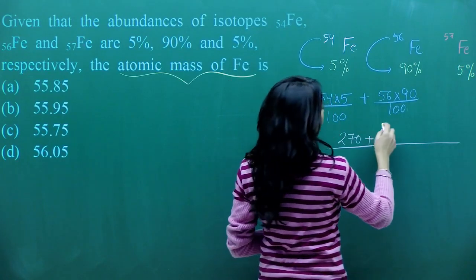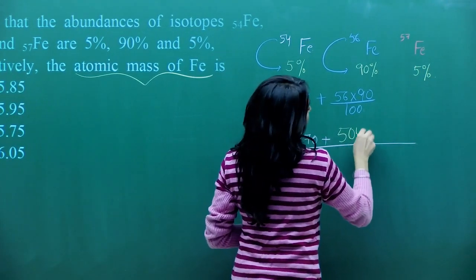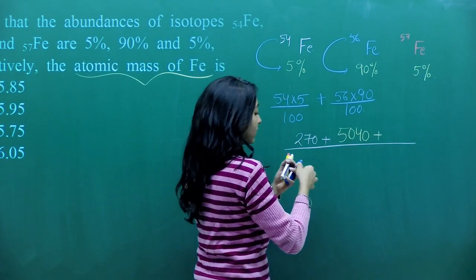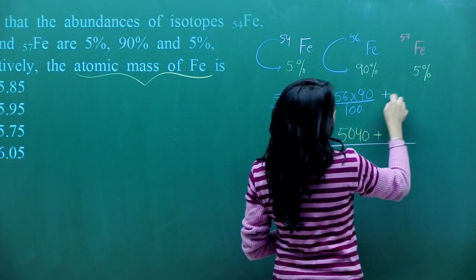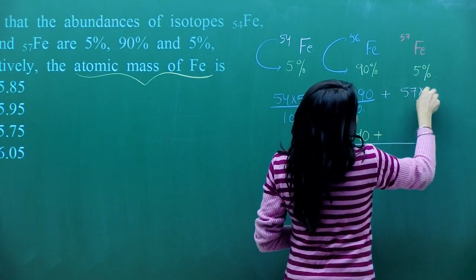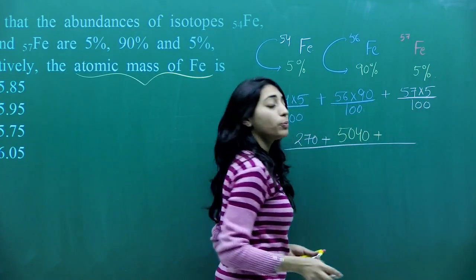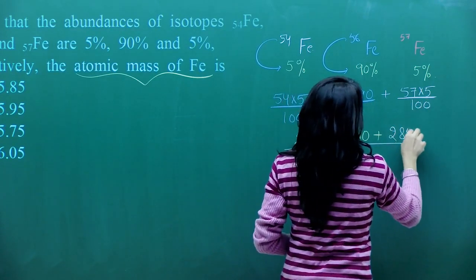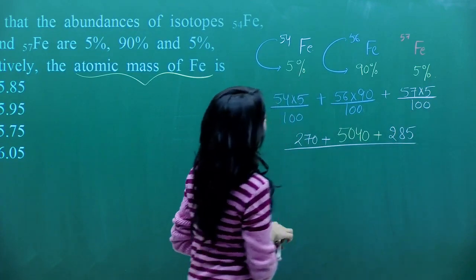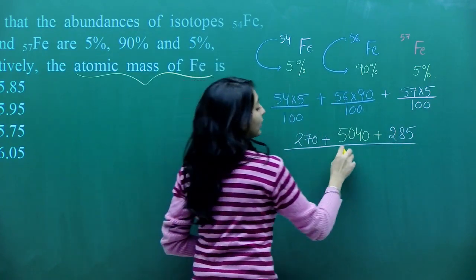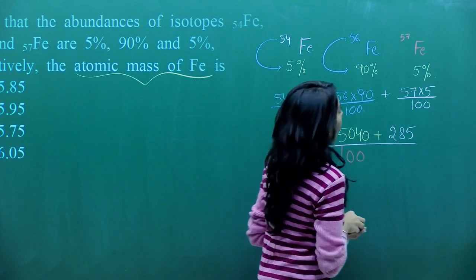And if you solve it, this will come out to be 5040 plus, again what will I write? 57 into 5 divided by 100, which will come out to be around 285. Now 100 is common, so I'll just write 100 in the denominator.